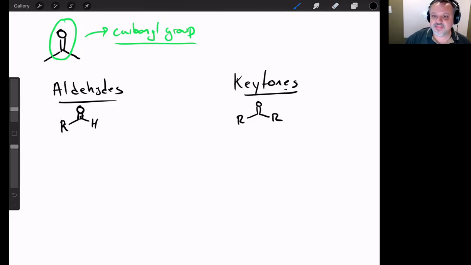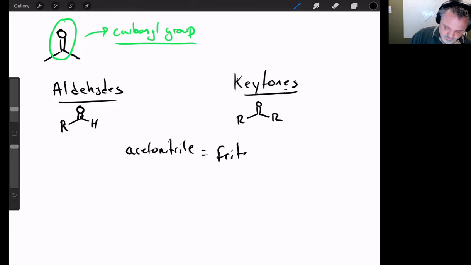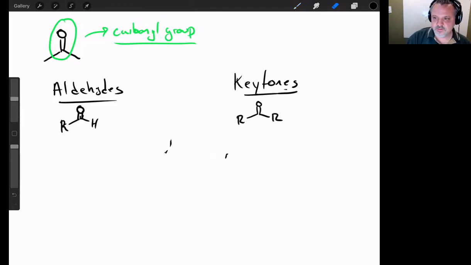It is a nitrile, acetonitrile. Everybody loves Fritos, right? No? Nobody likes Fritos? I love Frito pie. I'm from Texas. All right, so I digress.